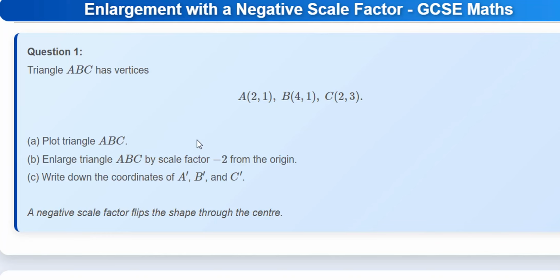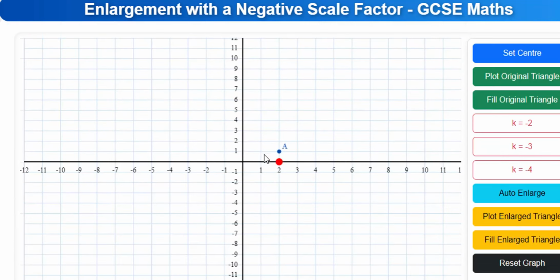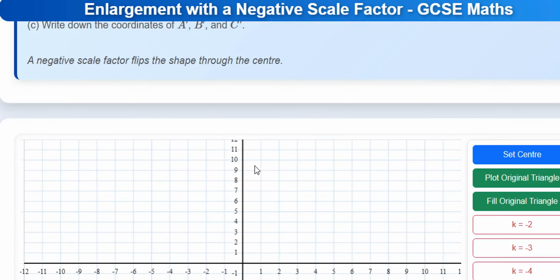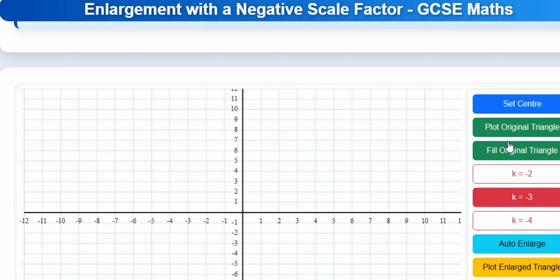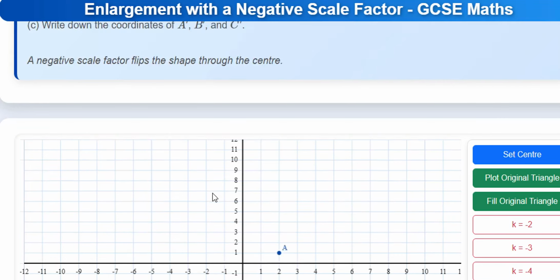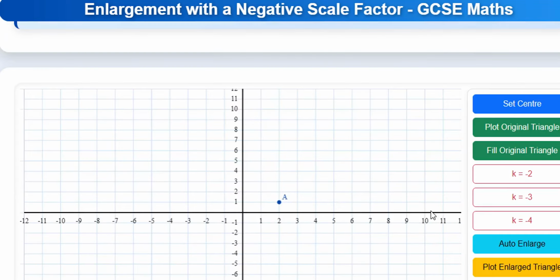So we come to this grid here, and we start with the original triangle, which is (2, 1). If I plot it here, I'll have (2, 1) somewhere there, and then I go to (4, 1) somewhere there, which is B, and then we have C, (2, 3) somewhere there, and that becomes our original triangle.